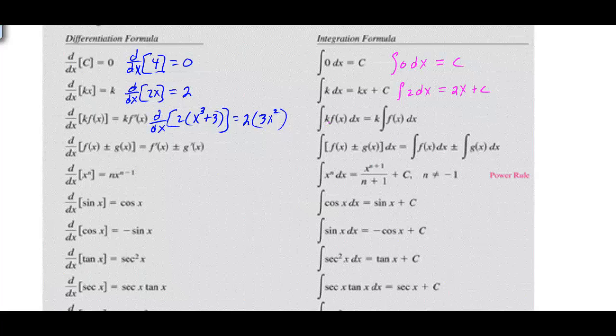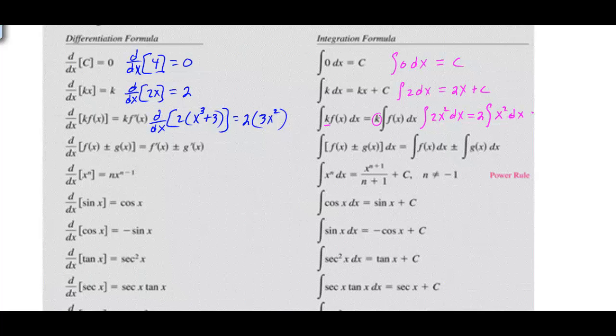Now for the integral, we have k times f of x, and here with the integral what we're saying is if you have this constant k, we can pull that k out in front of the integral and simply find the integral of the function and then multiply by the constant. So if we were looking at, say, the integral of 2x squared dx, we could take this 2, which is a constant multiplier, pull that out front of the integral sign, and all we have is x squared dx.